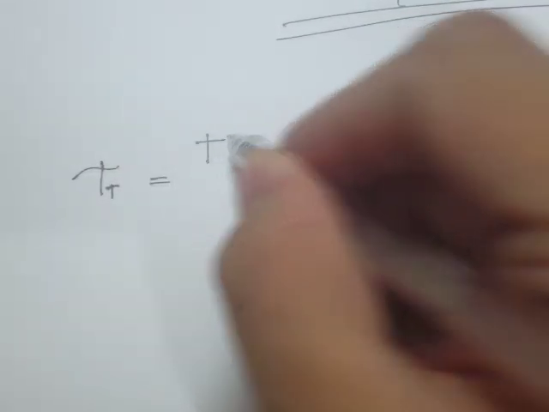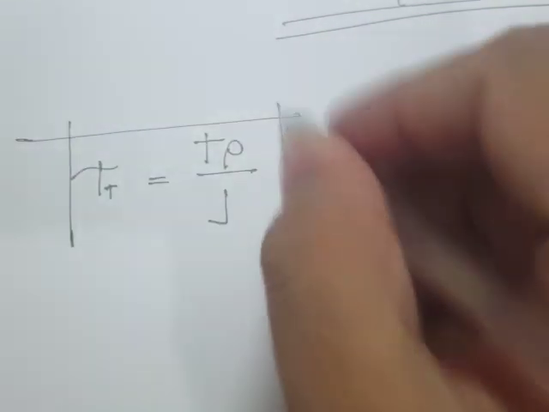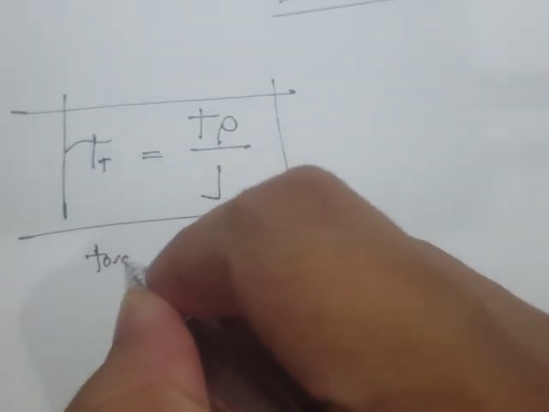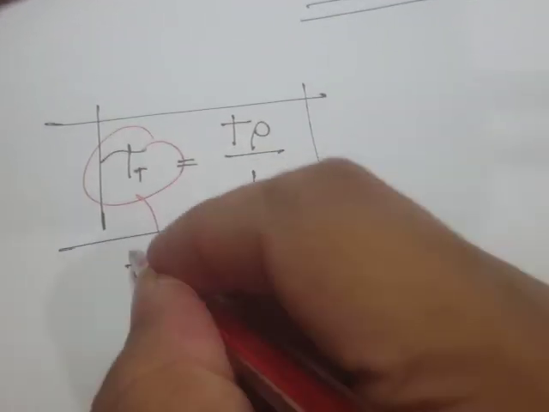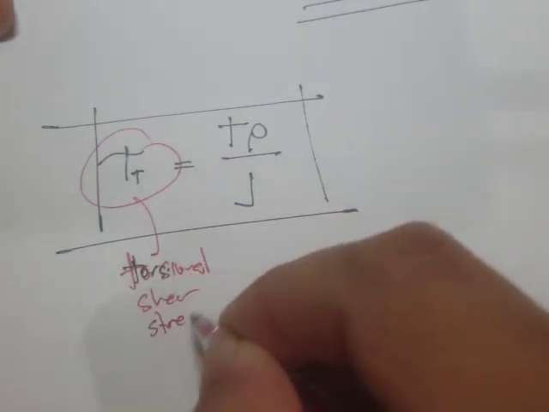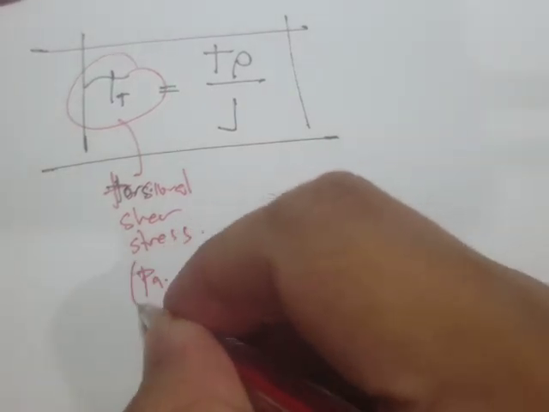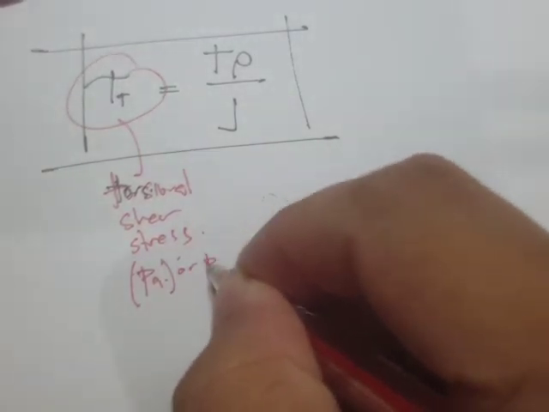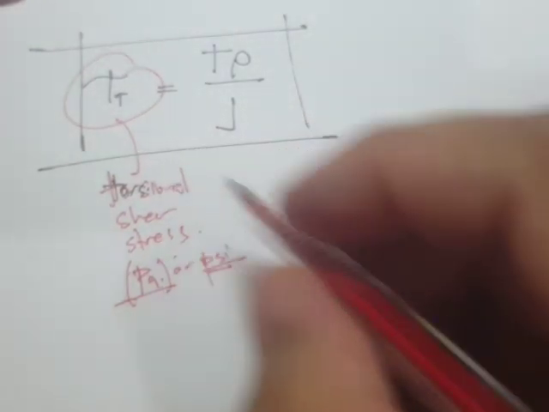For the torsional shear stress, this is given by the equation tau equals T times rho divided by J. This is our torsional shear stress, and if it's a stress, then the unit is pascals or psi, that's force per unit area.